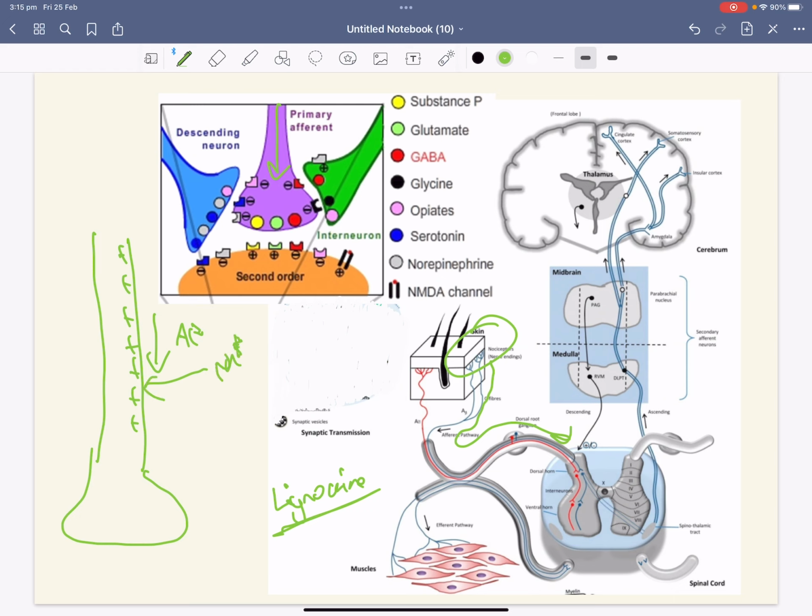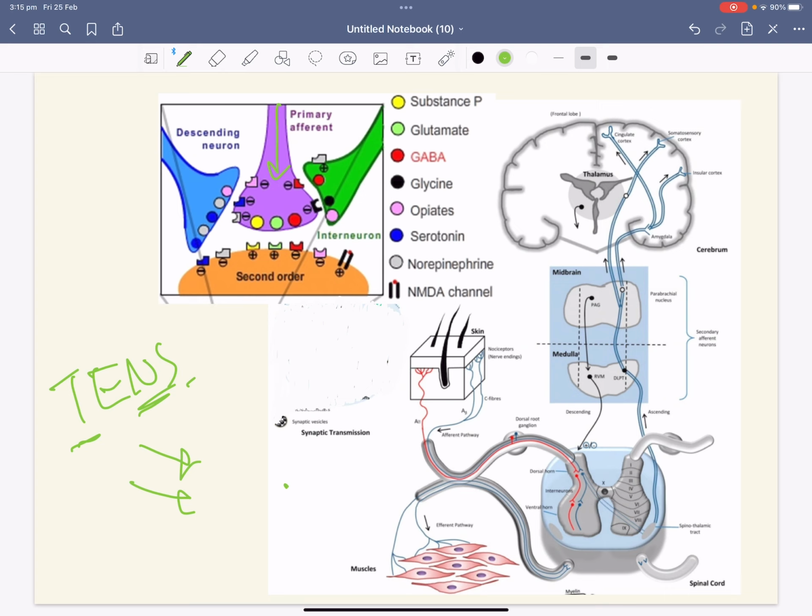Another thing you can do, and this is not actually written on the course site, but another method that can help is an intervention called a TENS machine, transcutaneous nerve stimulator. Basically this sends electrical impulses through a pad onto the skin and bombards the sensory neurons.